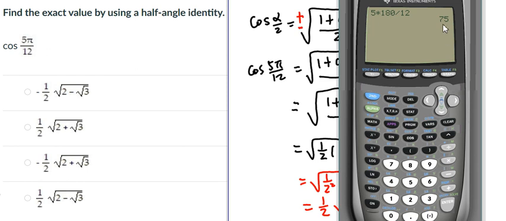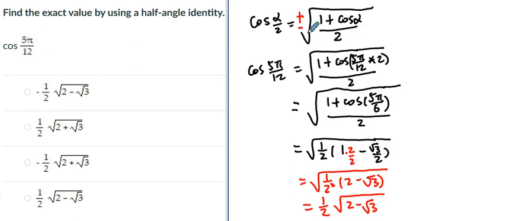So you know it's 75 degrees, which is in the first quadrant. So you know for cosine 5 pi over 12 we will choose the positive value. So you can ignore the negative. Just put positive in front of it.